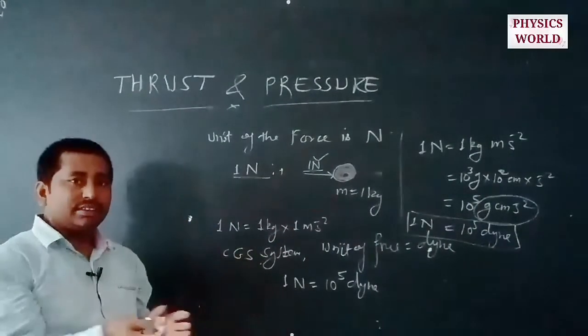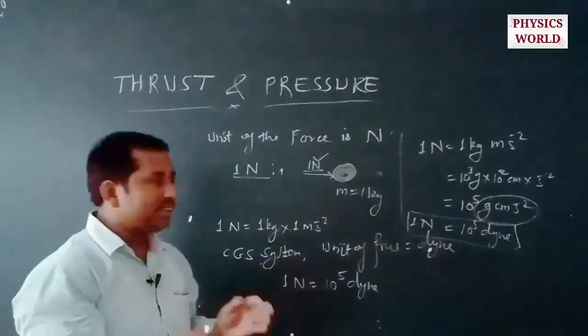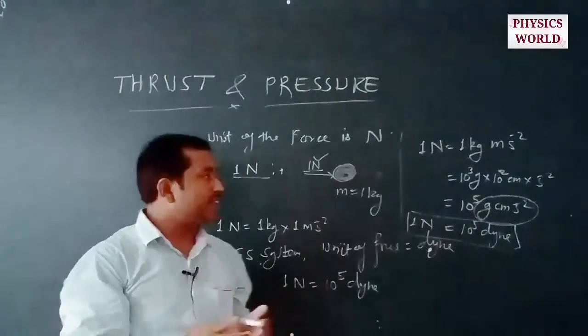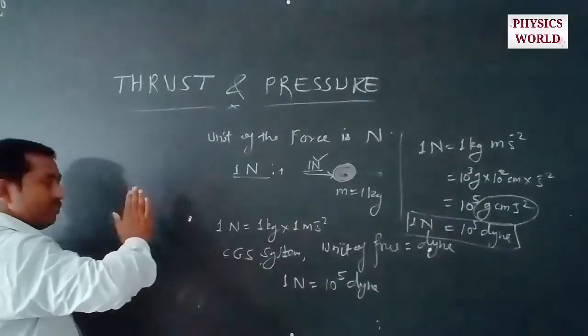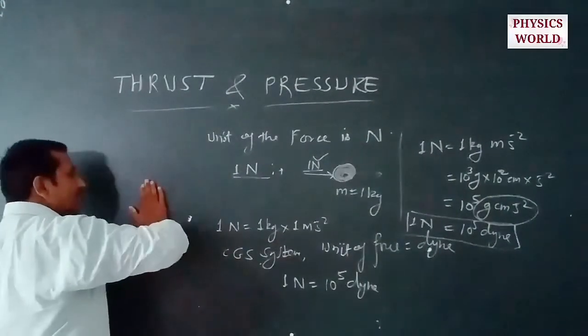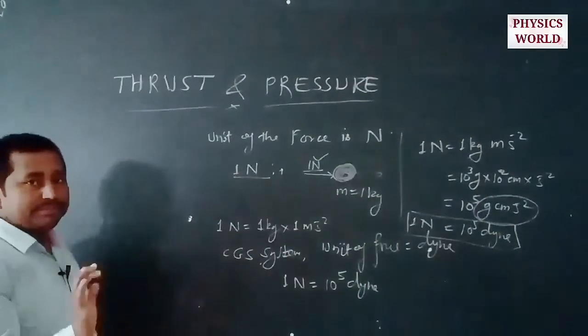We can understand it in other terms also. Suppose we apply 5 Newtons of force by our hand normally to the surface, then thrust is 5 Newtons.